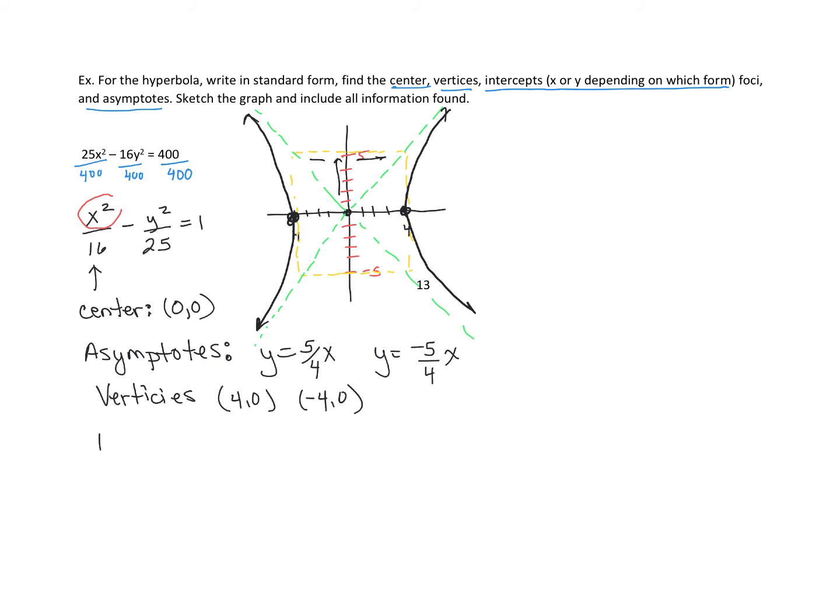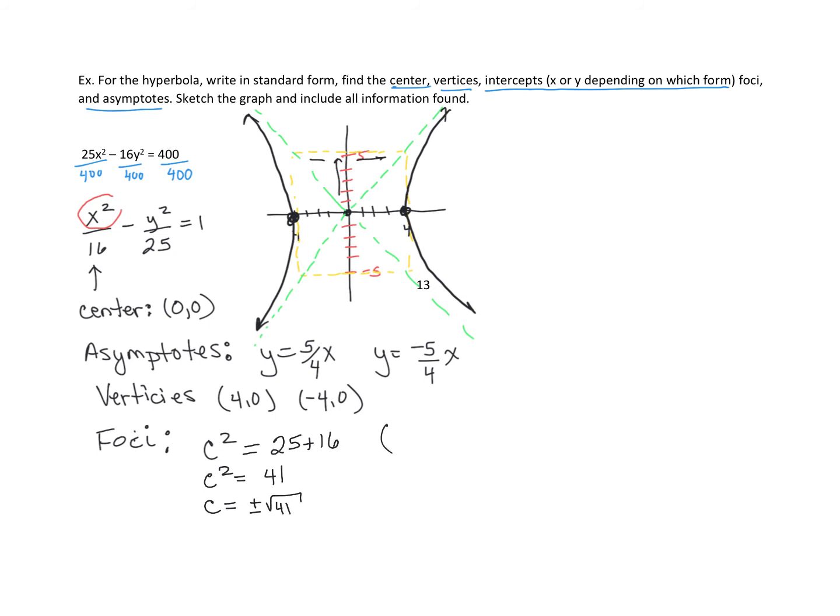And to find my foci, I'm going to do c squared equals, now remember this is plus, 25 plus 16, which is 41, and c is plus or minus root 41.